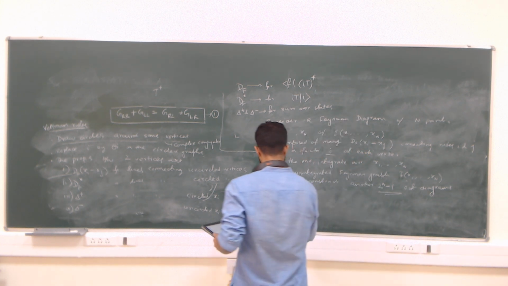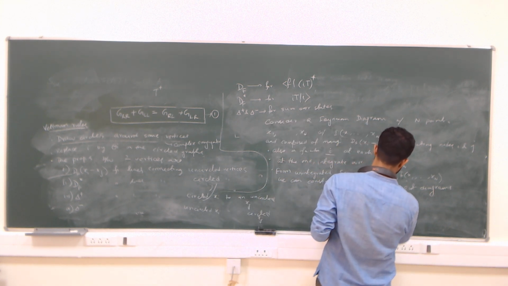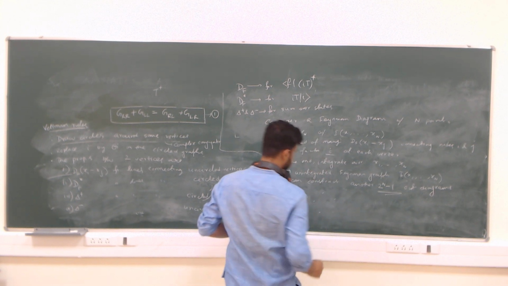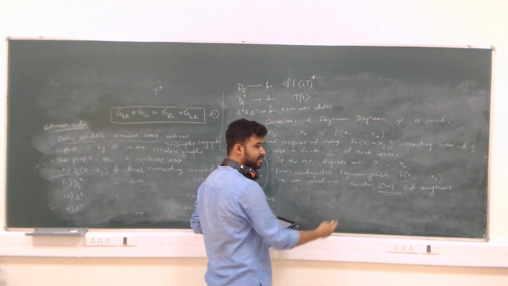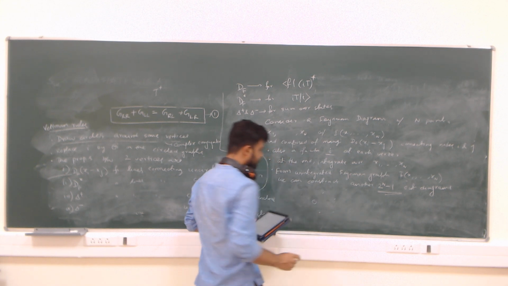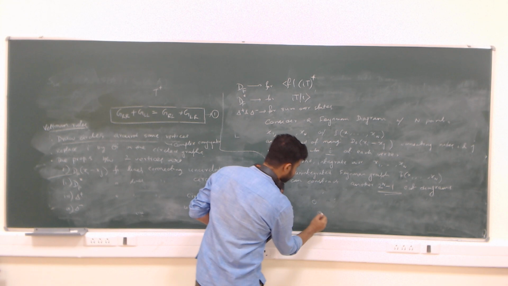So now let's try to make sense of this 2 to the power n minus 1. Let's say I have 5 points in my actual diagram, and none of the vertices are circled. I can circle each of them and get a new diagram. Circle this, get a new diagram.